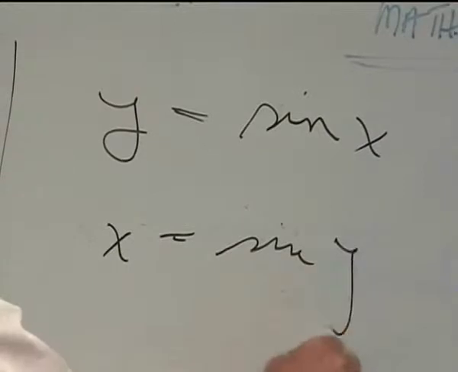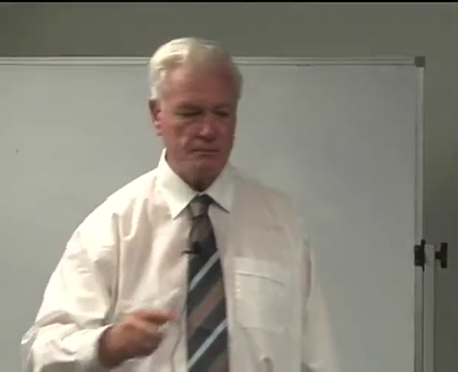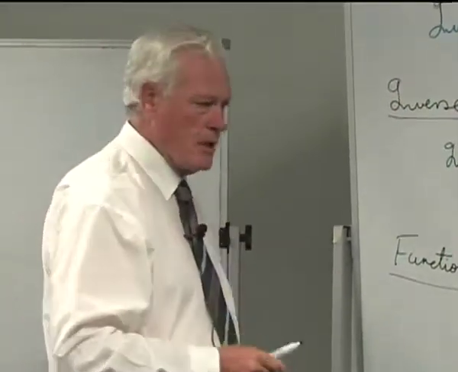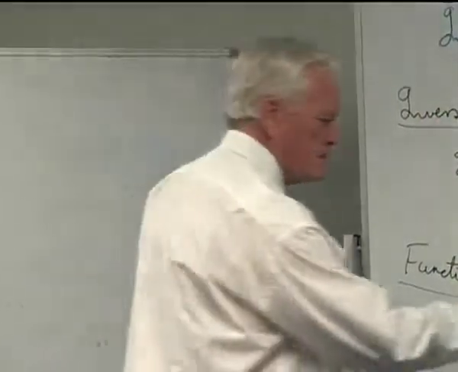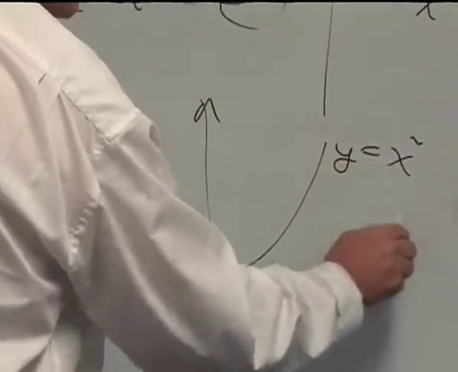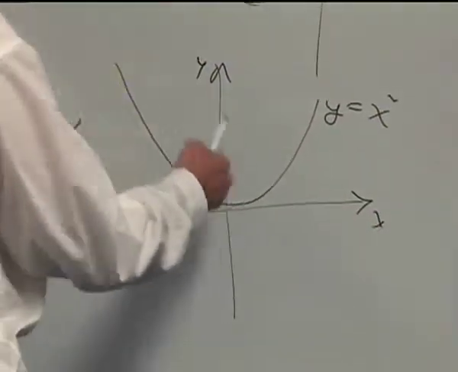Now that's quite simple. So what does an inverse mean graphically? I'll give a couple of examples. First of all, if you took y equals x squared, and I'm just digressing for one moment, always label your axes.